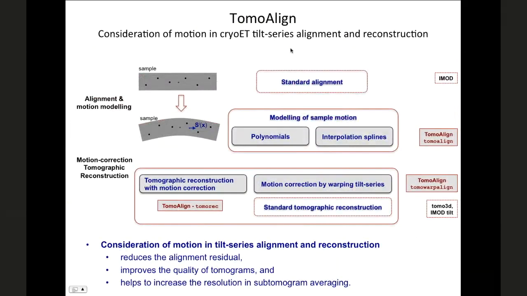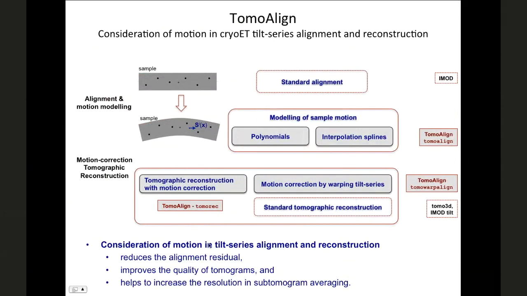So as a summary of TomoAlign, it starts from the standard alignment where the sample is assumed to be still or intact during acquisition, and then it models the sample motion, and the model is used to compensate the motion simultaneously with the tomographic reconstruction procedure, or the motion correction is applied at the image level by warping, which enables us to use a standard tomographic reconstruction program.